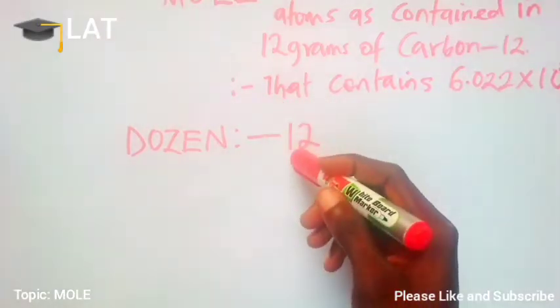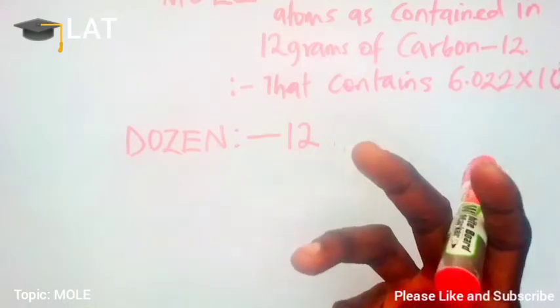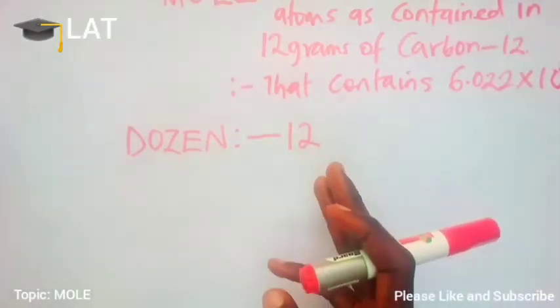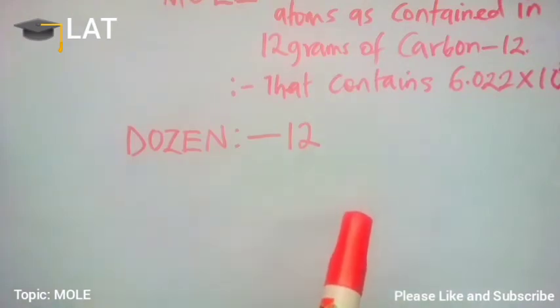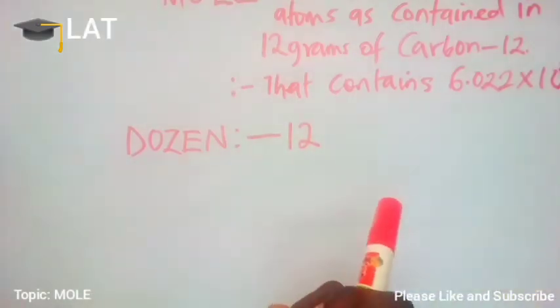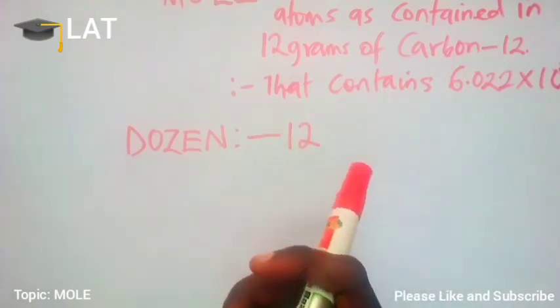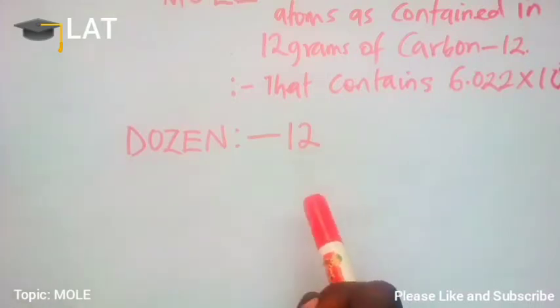Somebody just woke up early morning and chose 12 out of 1, 2, 3, 4, 5, 6, 7, 8, 9, 10. Somebody chose 12 as dozen, and now we use 12 for everything. Give me a dozen of egg, you count 12. Give me a dozen of spoon, you count 12 spoons. We've been using that number particularly.